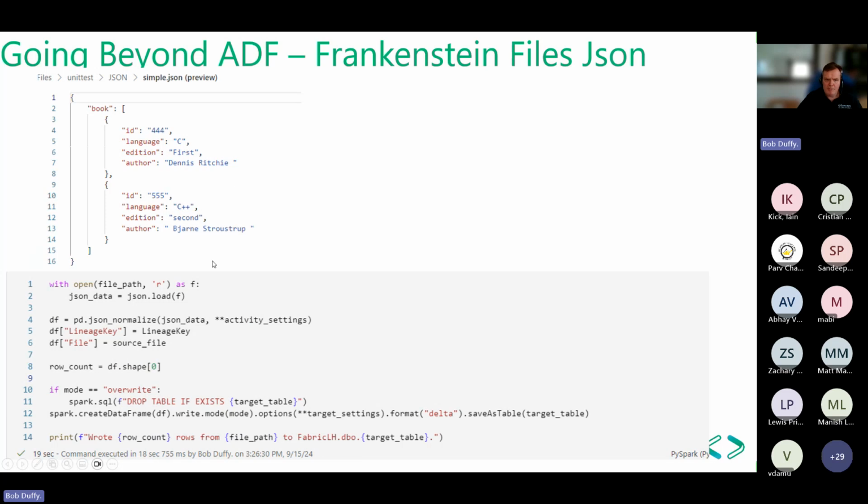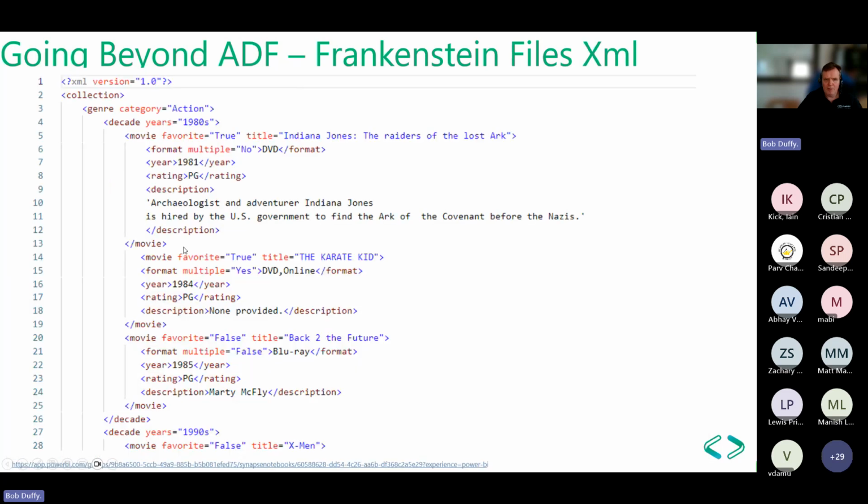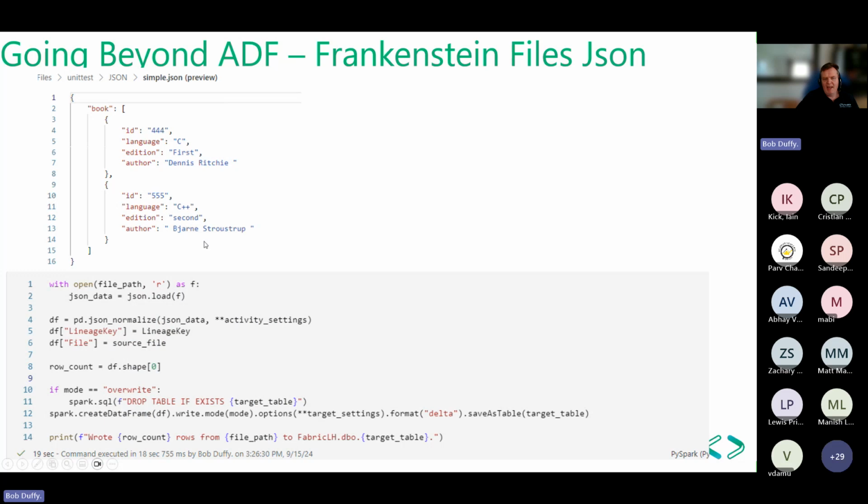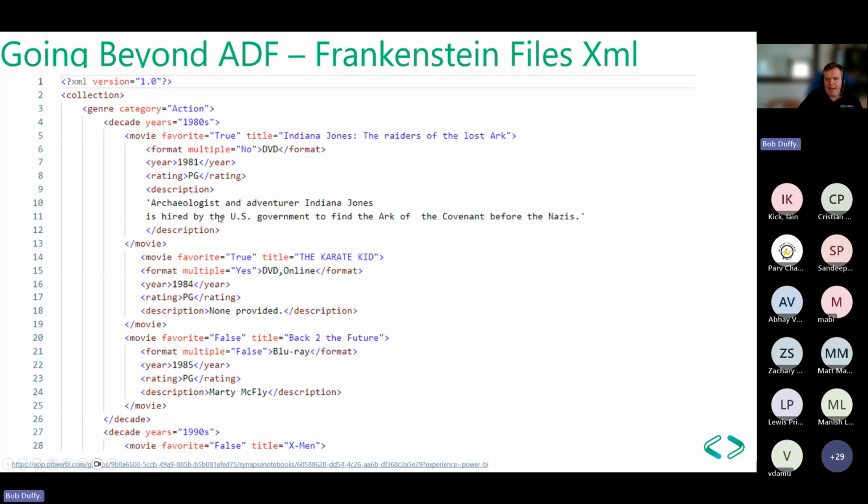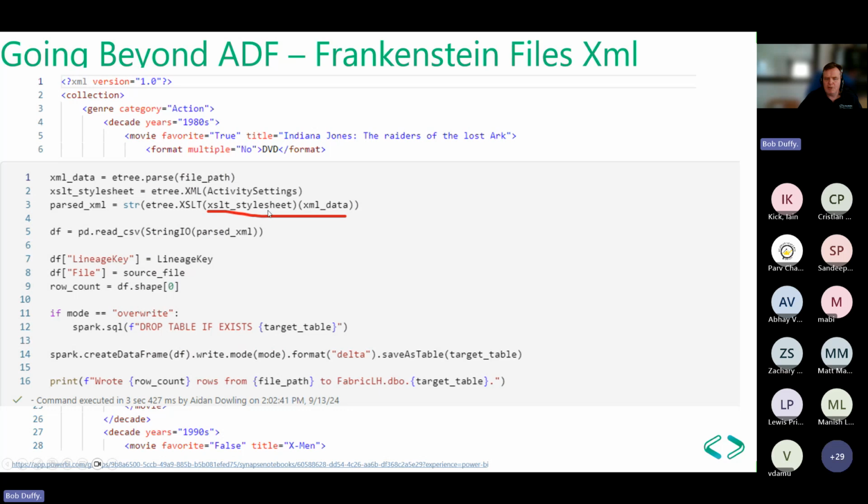JSON, you can do standard shredding where it just guesses. So there's a normalize function in Pandas that will do that for you, or you can just do Python code. XML. XML is great in notebooks because in notebooks you can use style sheets. So here with this third-party library, I can take any XML, pass in a style sheet, store it in the metadatabase, and I can use it now.